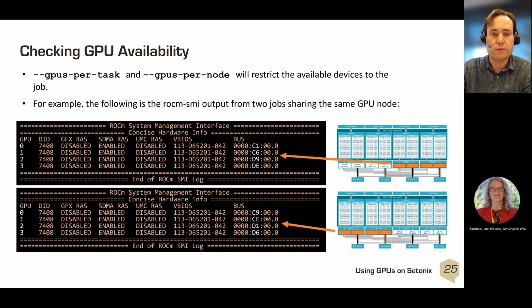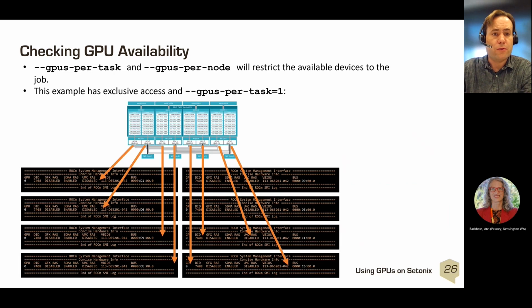So this allows you to start to get a feel for which GPUs are being requested for the configuration that you're asking in Slurm. This is a further example from exclusive access where I was requesting GPUs per task equals 1, and you can see each process got its own GPU with a different bus ID, which is what you'd like to see.